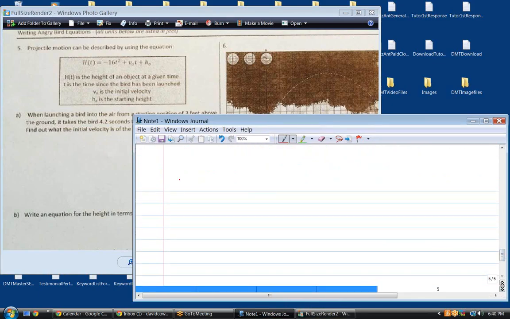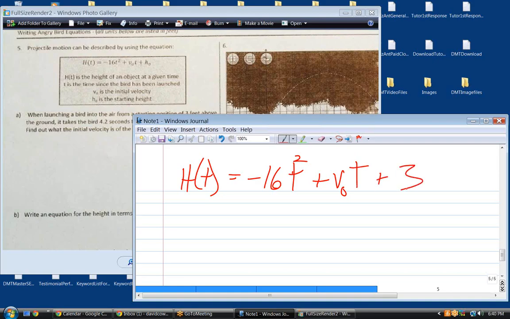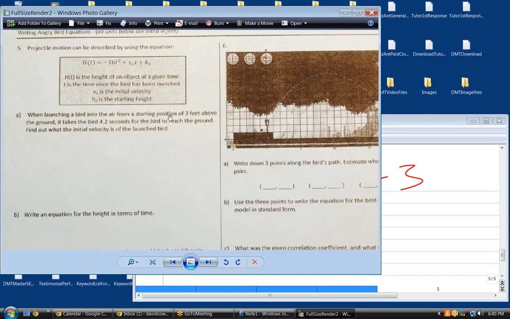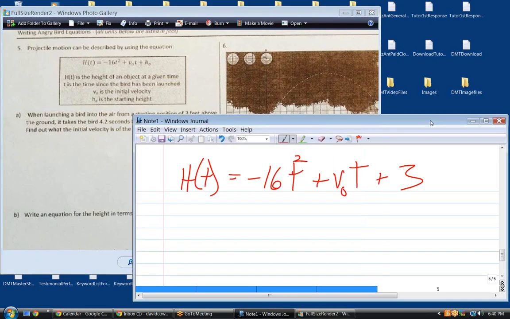Okay, so here's our equation. h of t equals minus 16t squared plus v sub 0 t, the initial velocity, plus 3. Because it tells us that the bird was launched from 3 feet above the ground. And it says it takes 4.2 seconds to reach the ground.